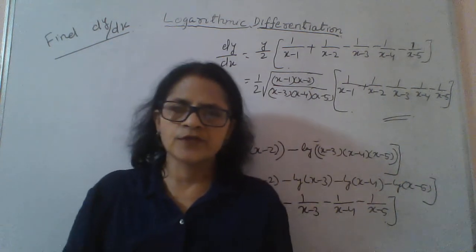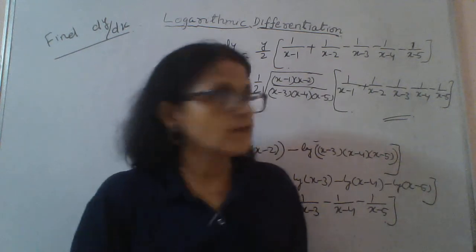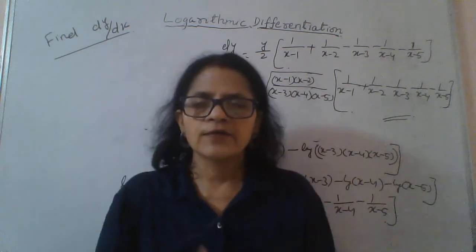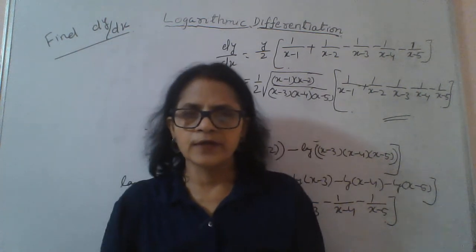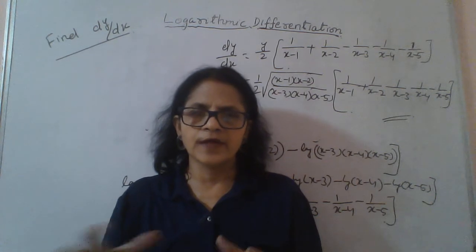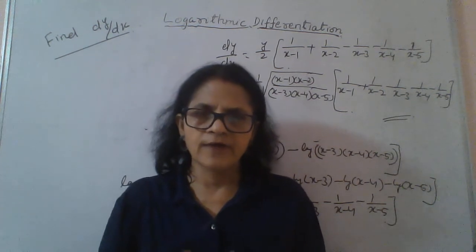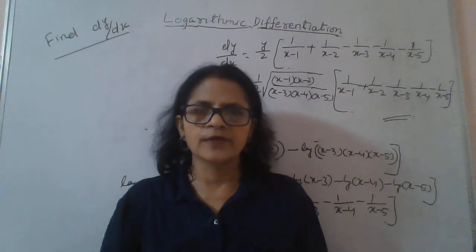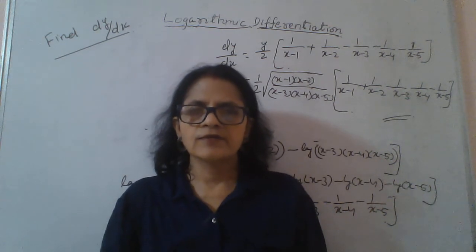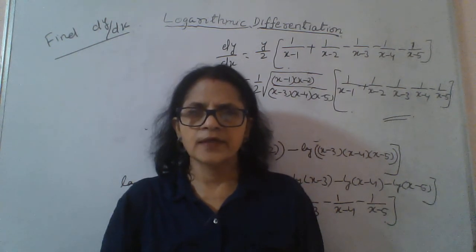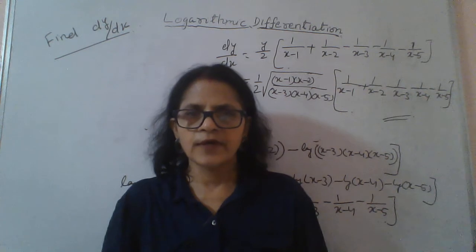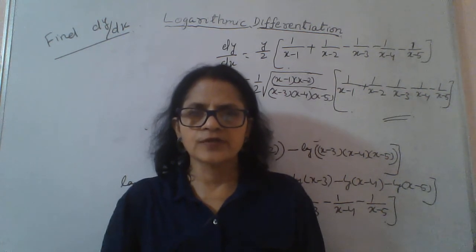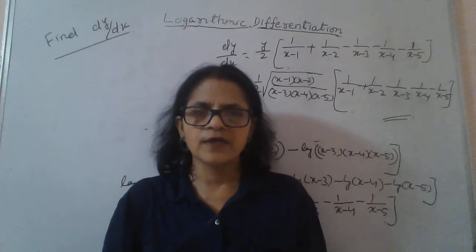And quotient of two functions, like in this case, the numerator has two factors, the denominator has three factors, and there is an overall square root of the whole thing. In that case, using chain rule you can get the answer, but it would be very lengthy. To avoid such complexity, logarithmic differentiation is very convenient.